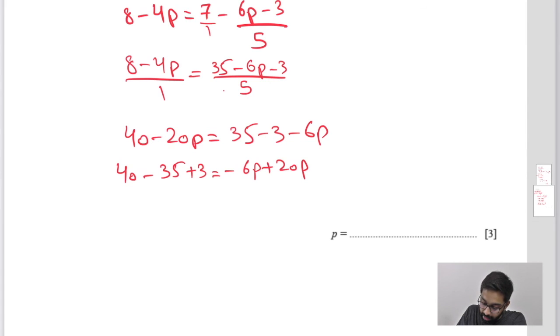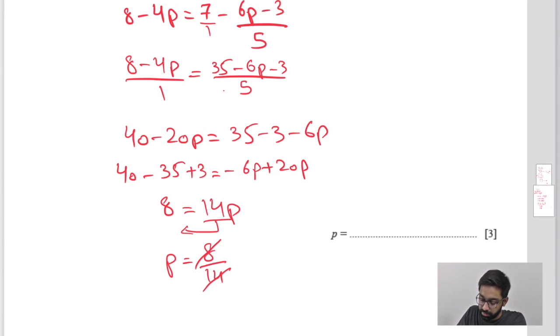So you have 8 equal to negative 6p plus 20p, which gives you 14p. Now of course, to find the value of p, you need to move the 14 below the 8. So p would be equal to 8 over 14. When you simplify this by dividing both numbers by 2, I would get 4 over 7. So the value of p is 4 over 7.